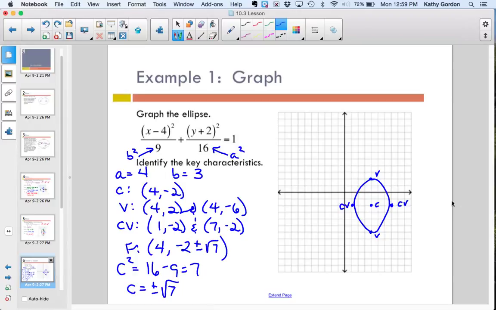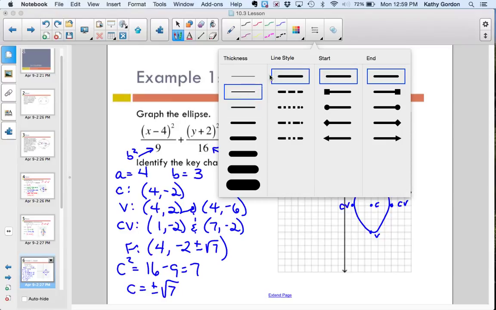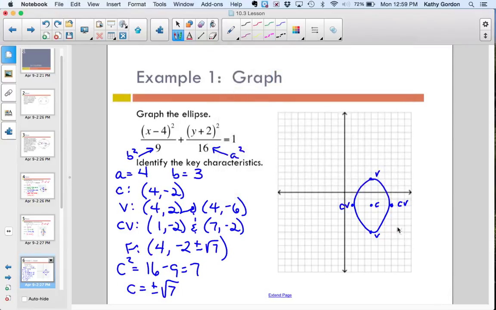So I'm going to make this a little less thick so it's not quite so messy in here. I'm going to go between 2 and 3 units up and put it in between there. I'm going to go between 2 and 3 units down, put it in between there, and that is as good as it's got to get.